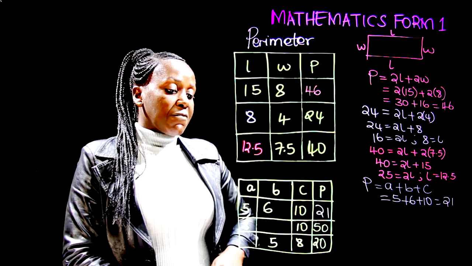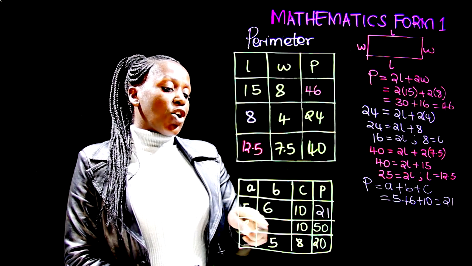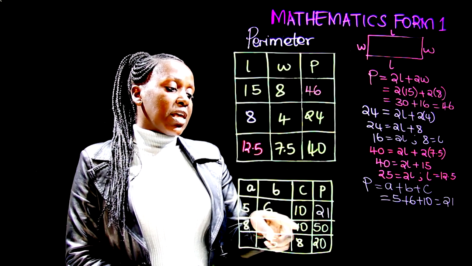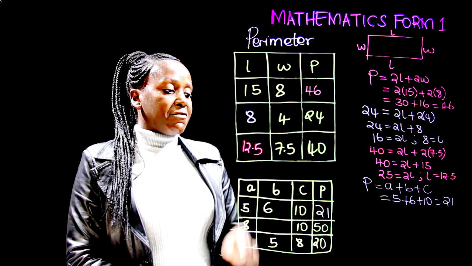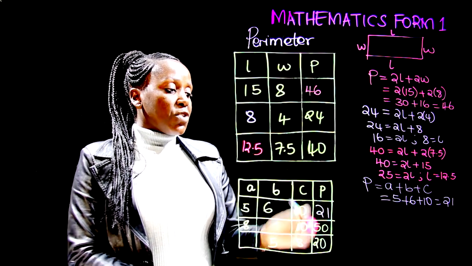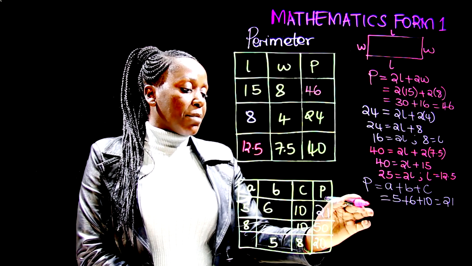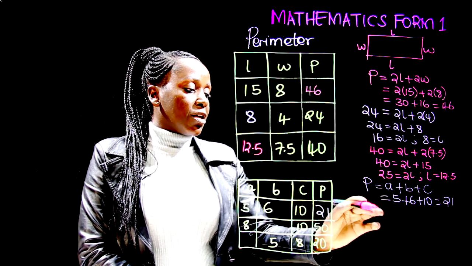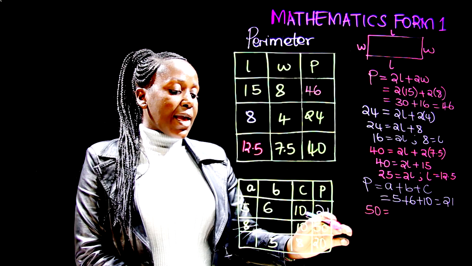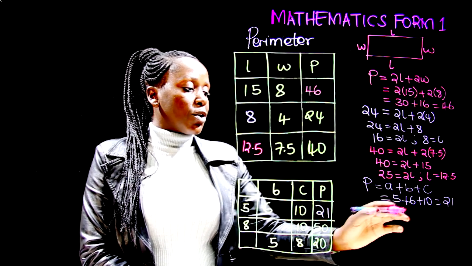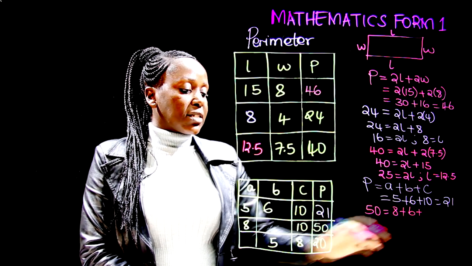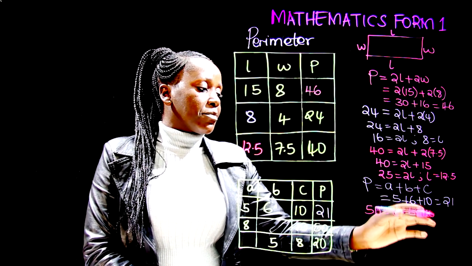Next, we have A, we don't have B, we have C, and we have the perimeter. Are we able to determine the value of B? If we substitute in this formula, the perimeter is 50, which is equal to A is 8, plus B, we don't have it, plus C, which is 10.